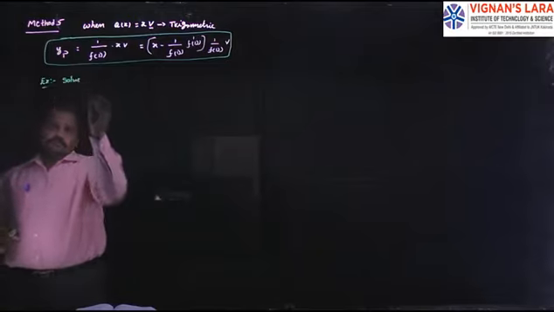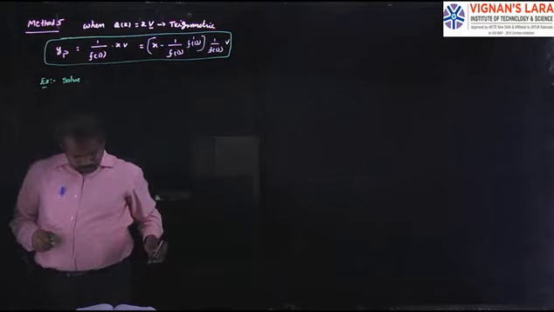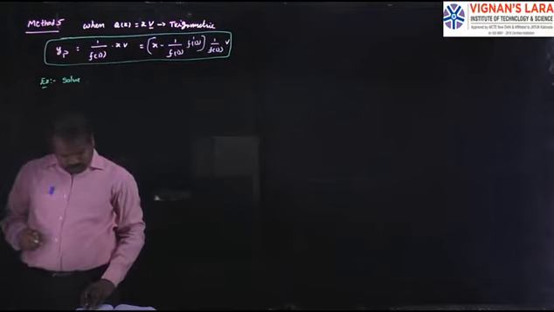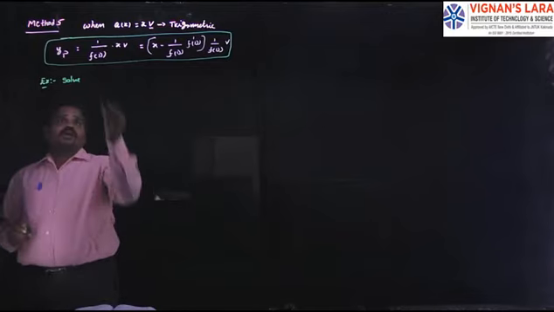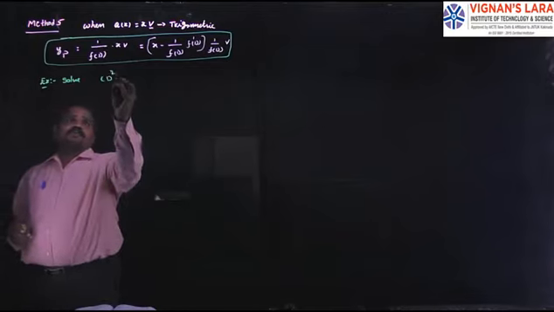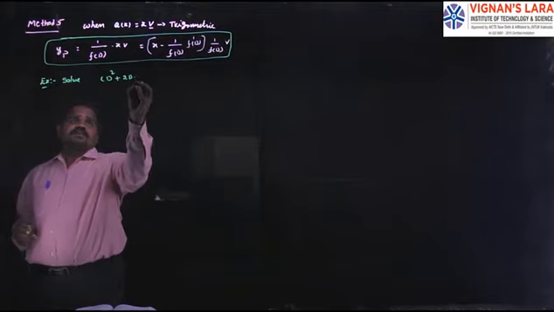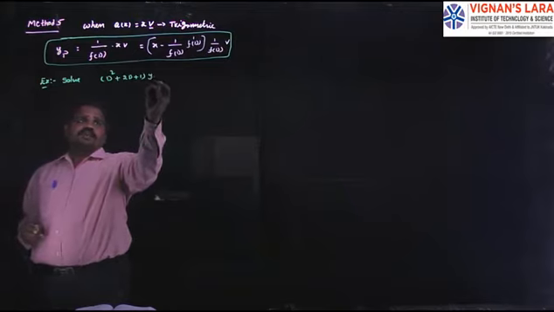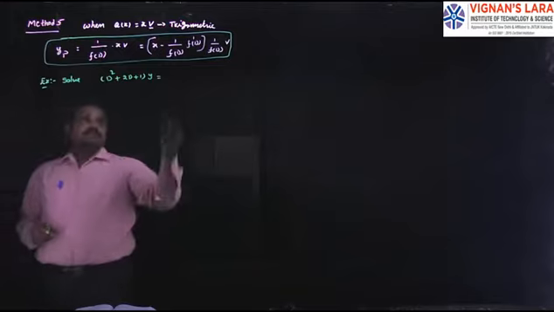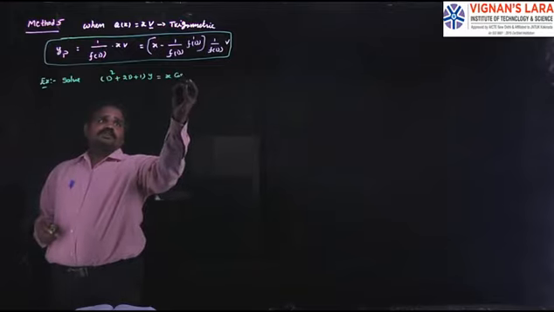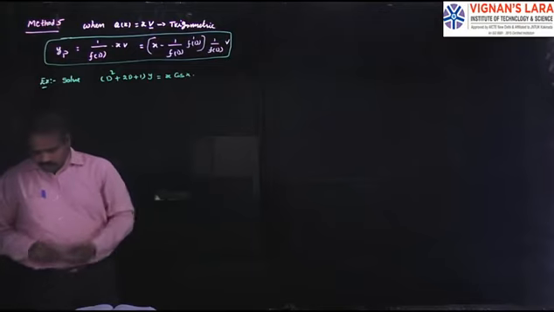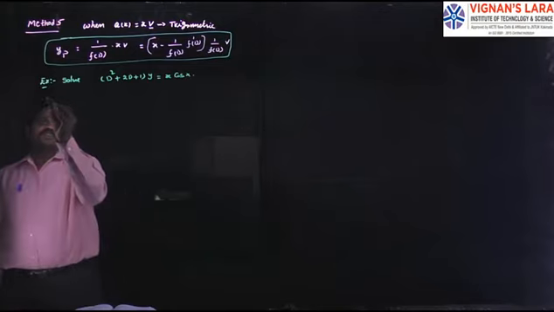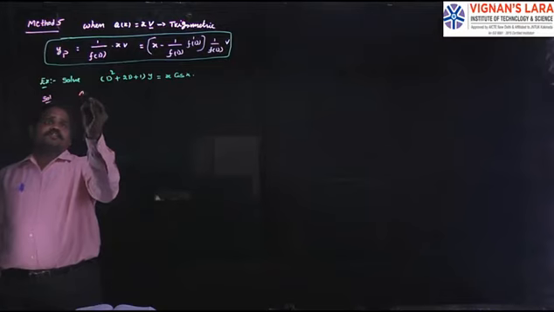Solve D square plus 2D plus 1 into y is equal to x cos x. We are solving this problem. First he has given the operator form.